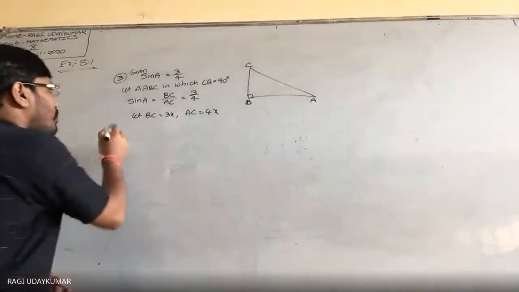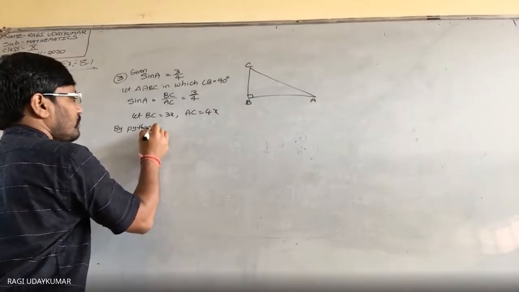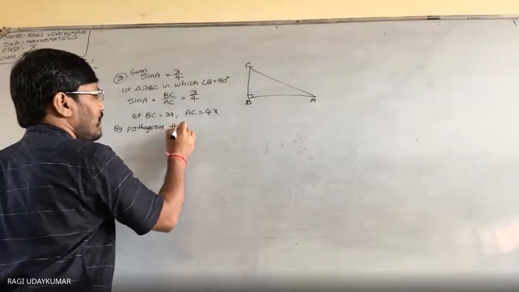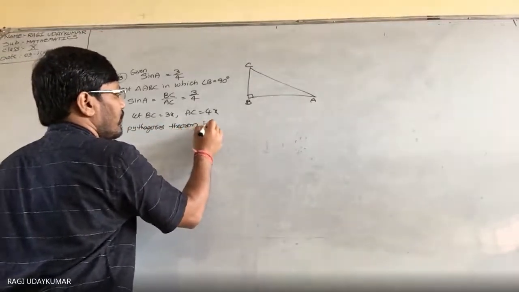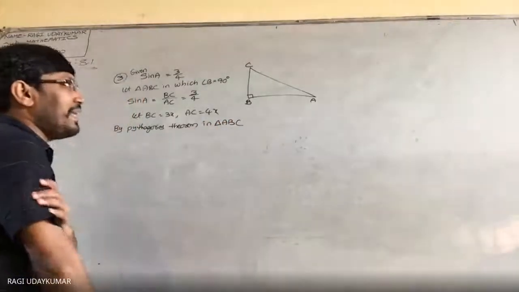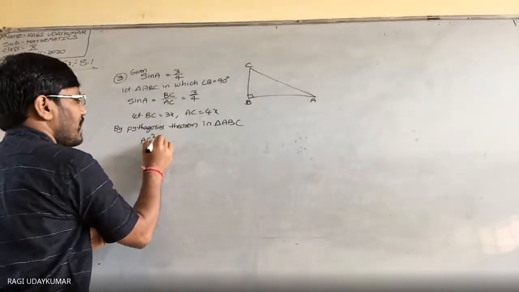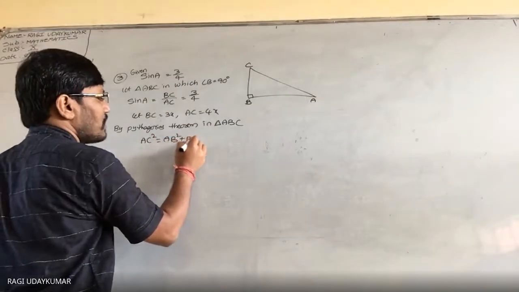Now what we have to do by Pythagoras theorem? By the Pythagoras theorem in triangle ABC, AC square is equal to AB square plus BC square.